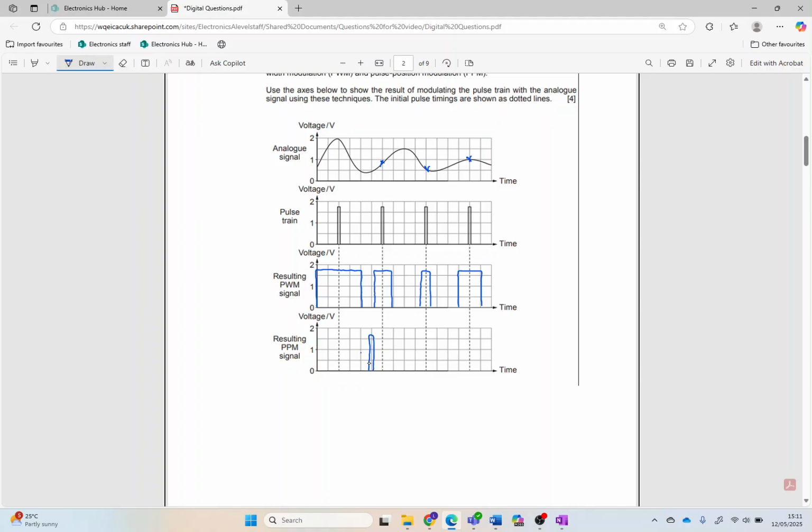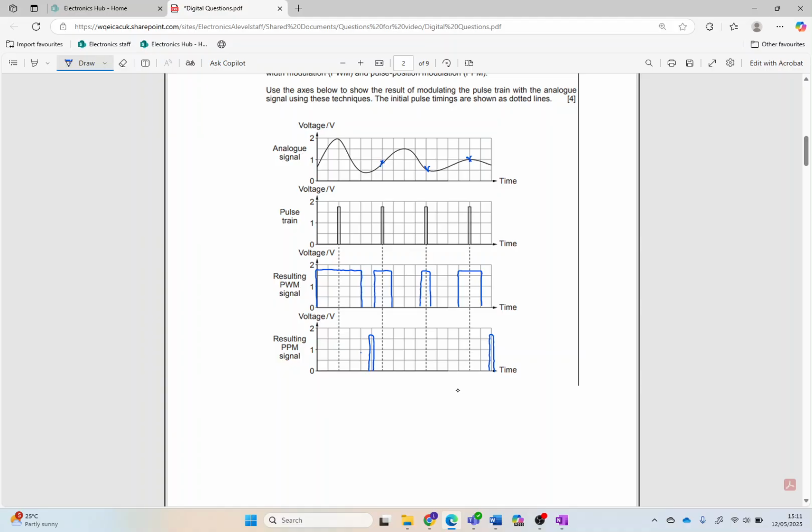Okay, so if that's my highest voltage and I've gone 1, 2, 3 squares, and then this one here is my next highest, so I'm just going to pop it in there in proportion. So I'm doing everything in proportion.